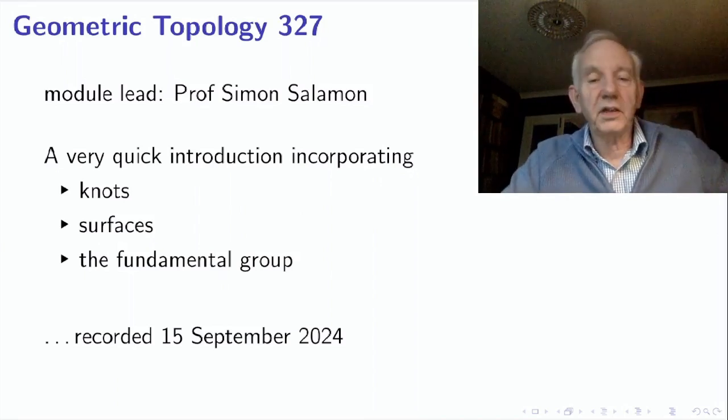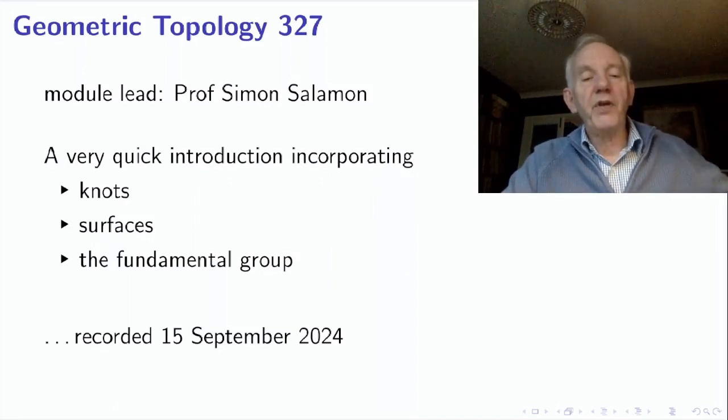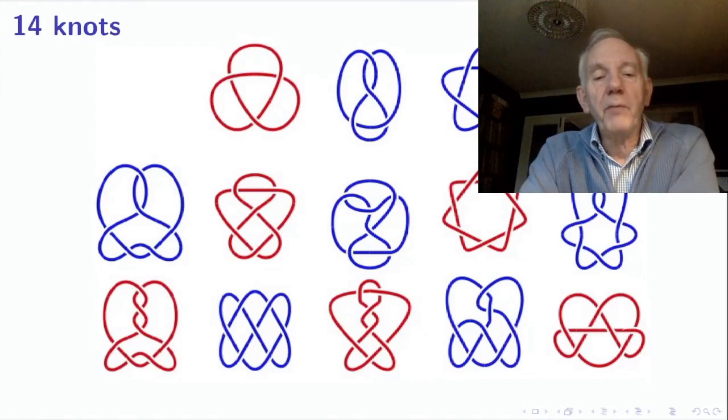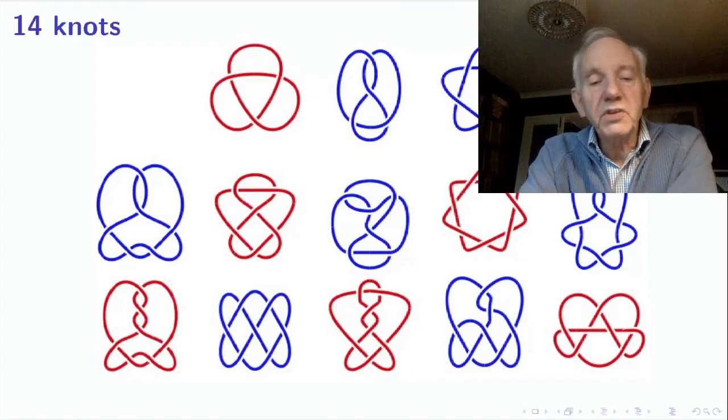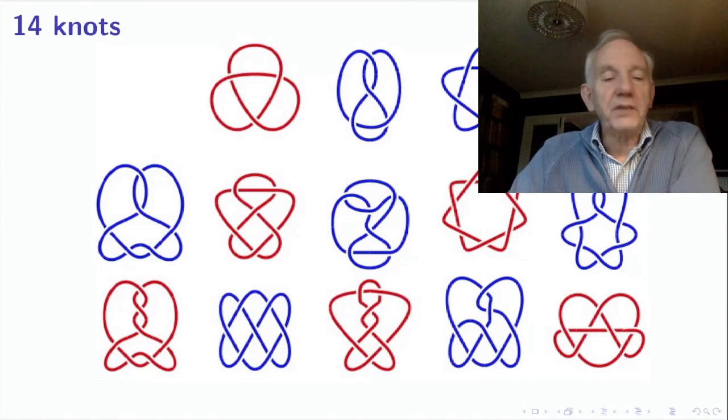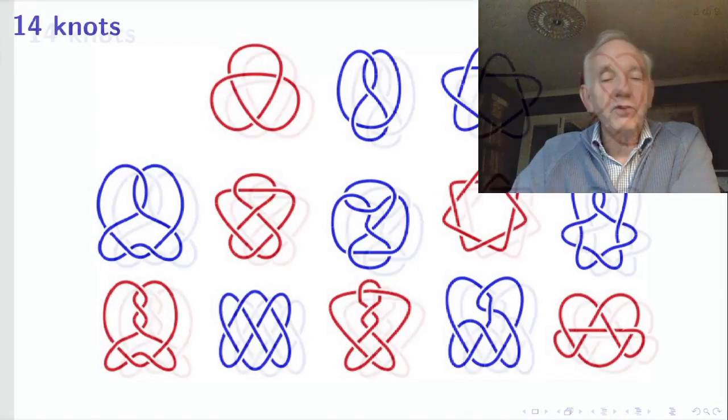The pages are turning rather slowly, so you'll just have to be patient. The next slide, when it comes, is going to show you a number of knot diagrams. These diagrams represent some of the simplest knots, which you can represent with up to seven crossings.